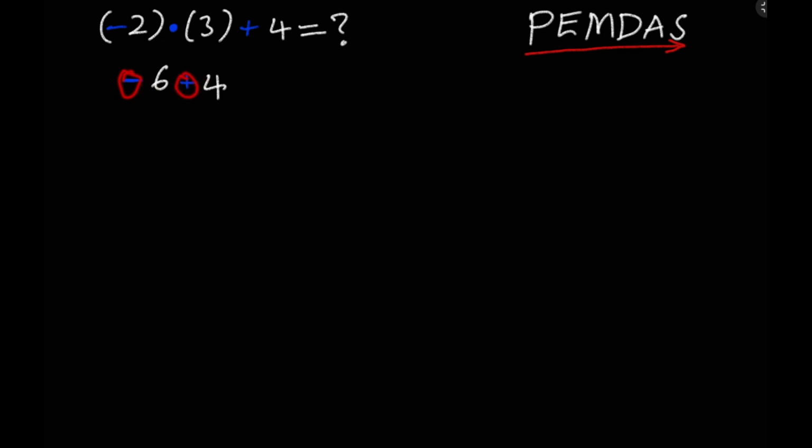Because the signs are different, we subtract the magnitude of these two numbers. Then the bigger number, of course, which is 6, we use the sign of 6, okay? That is 6 minus 4 is 2. And then the sign of the bigger number, which is 6, is negative. So this is the final answer to this question.